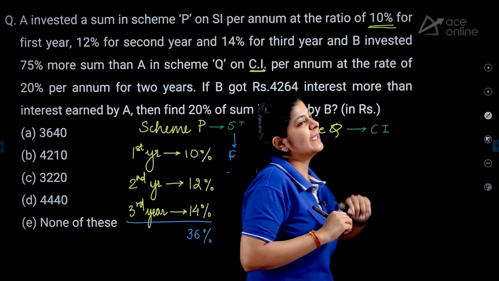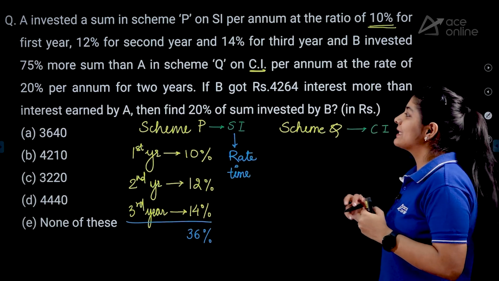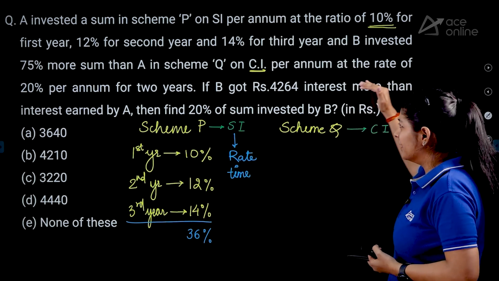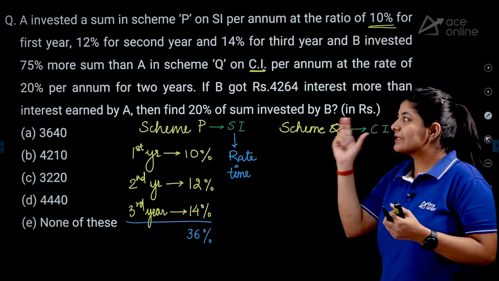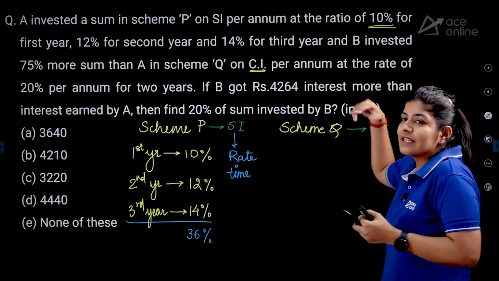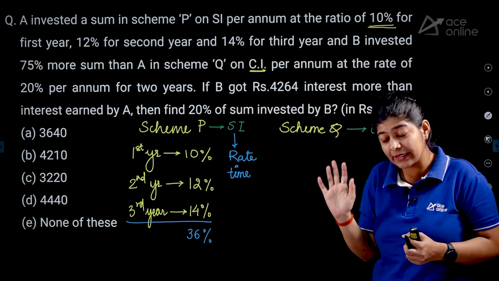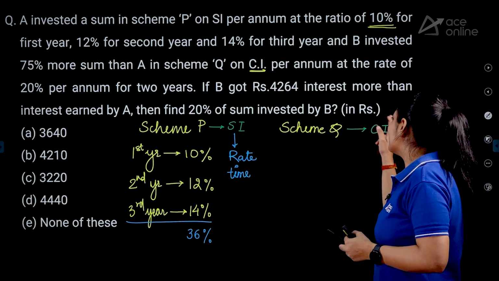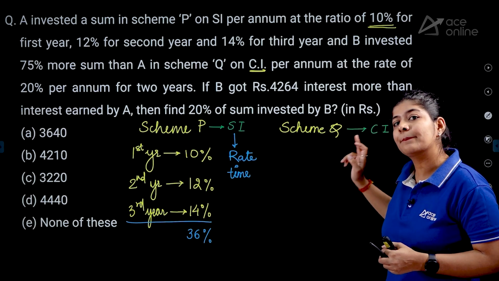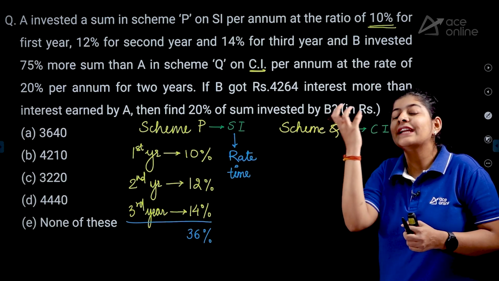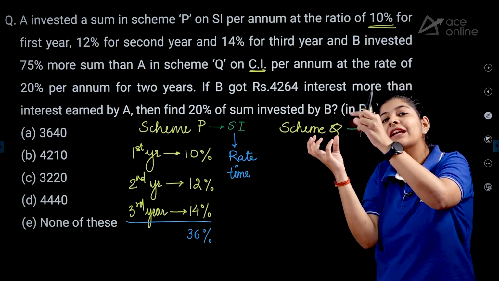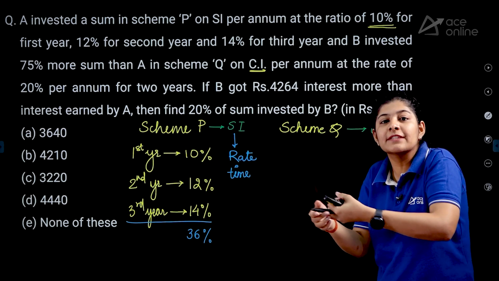Now scheme Q says that the percent on which this interest is going to be calculated will remain the same, that is 20%. But we know that whenever we talk about CI, that means compound interest, we are getting interest on the interest that we got in the previous year, right?